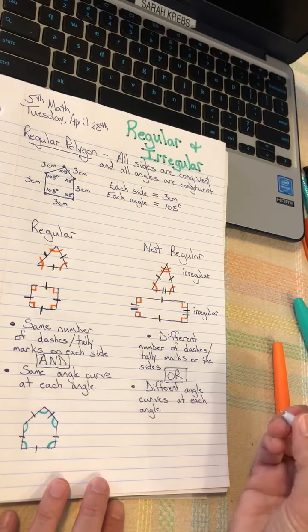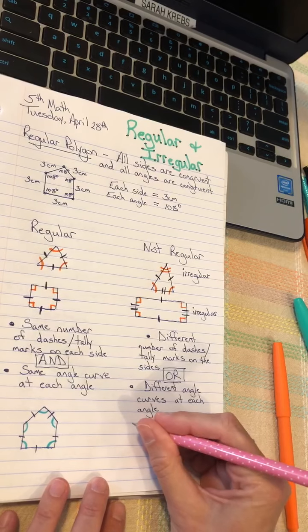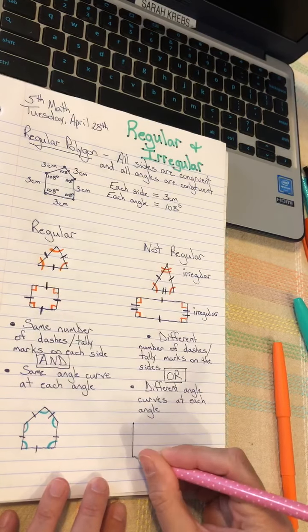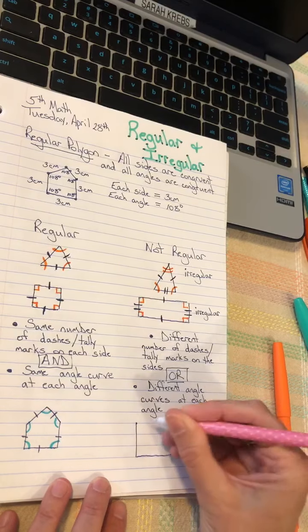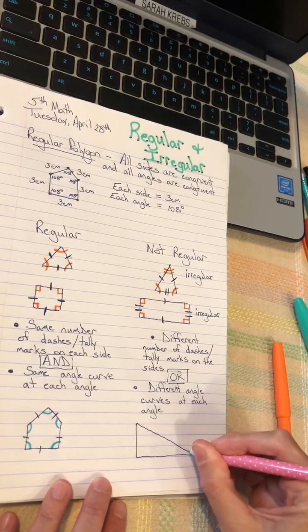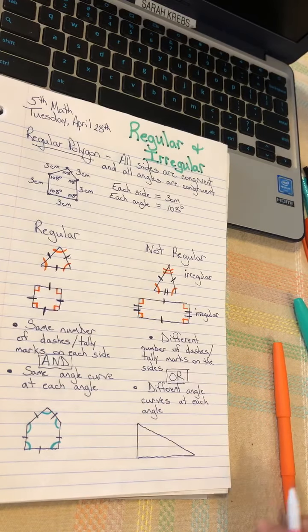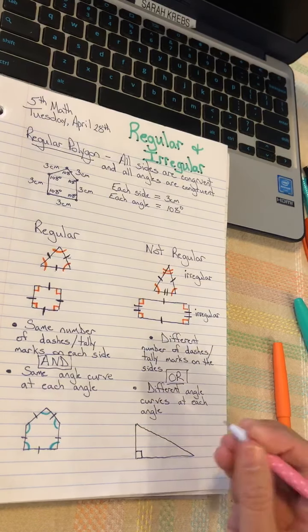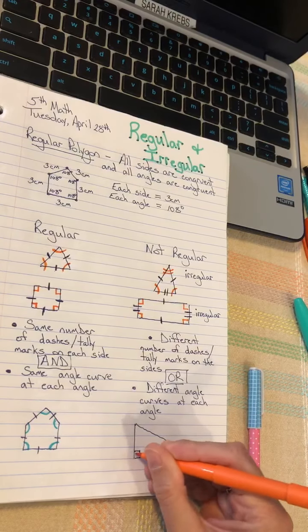Okay, let's do another triangle. Okay, let's do this one. Looking at this triangle, here's your right angle. So let's do our angles.